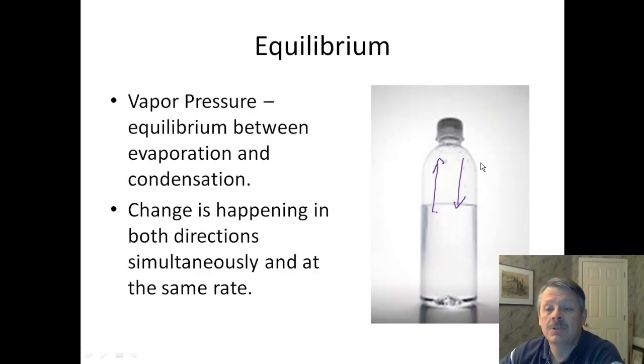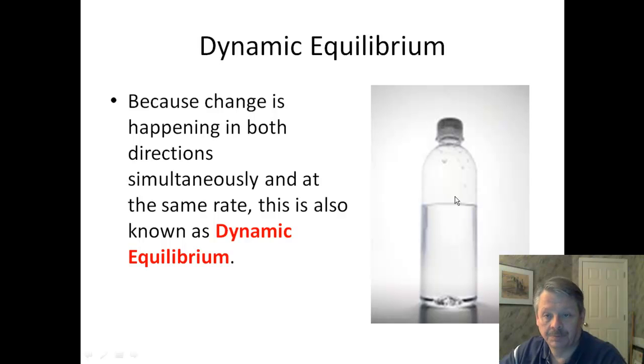So as a result, the amount of water vapor you have up here in the top of this bottle remains constant. And when we talked about vapor pressure at certain temperatures, that is what we were talking about. Okay? It's at a state of equilibrium between the liquid water evaporating and the gaseous water going back and becoming a liquid. We call this dynamic equilibrium.